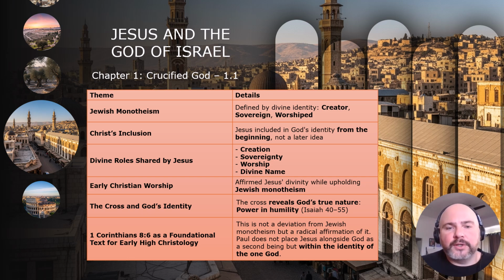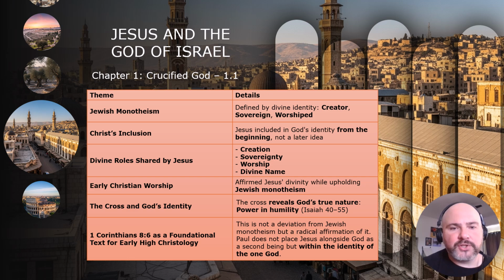Chapter 1, God Crucified. This chapter is part of the initial 59-page vignette that Bauckham originally wrote in 1998. In this chapter, Bauckham's main thesis was that Jesus was always understood as part of God's identity.